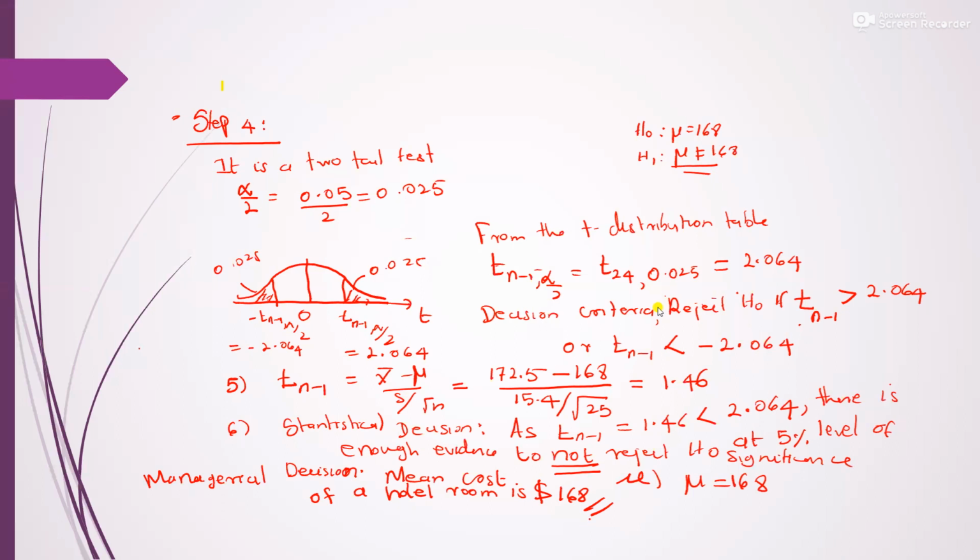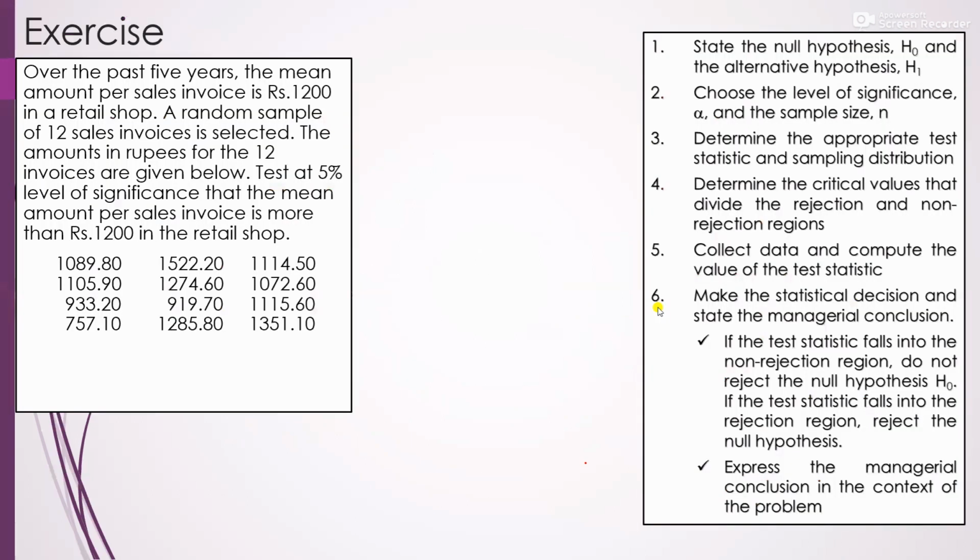Right. Now we are coming to the next slide. This exercise I am leaving as homework. You read the problem carefully, follow all these steps and complete it. But here, as in the previous problem, this is also a small sample, so the population standard deviation is unknown.